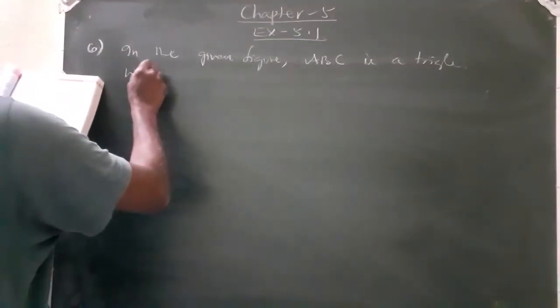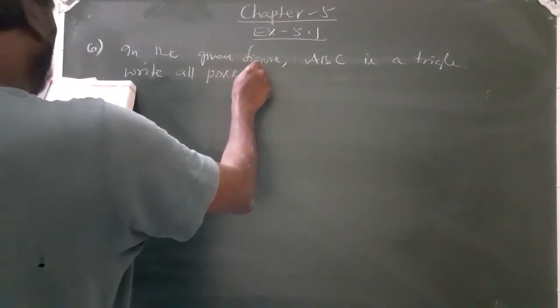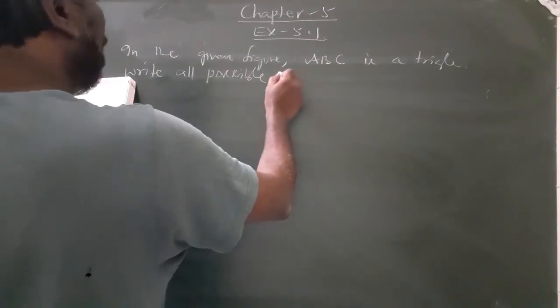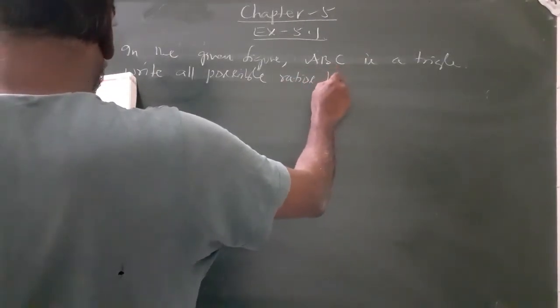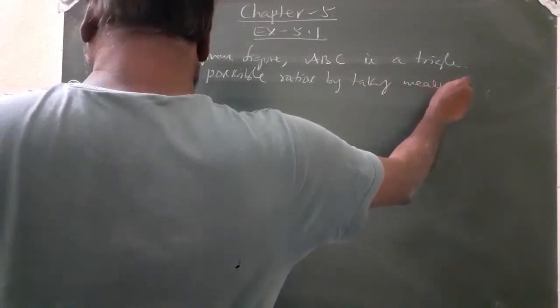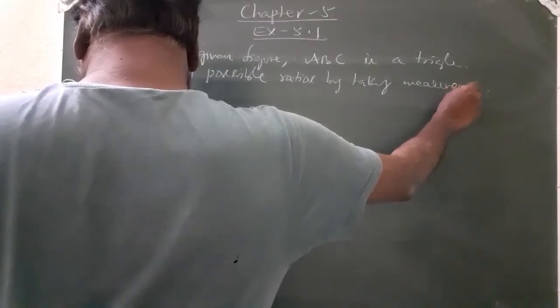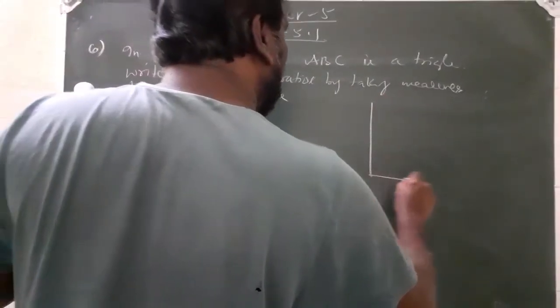Write all possible ratios by taking measures of sides pairwise. Here the diagram is given like this.